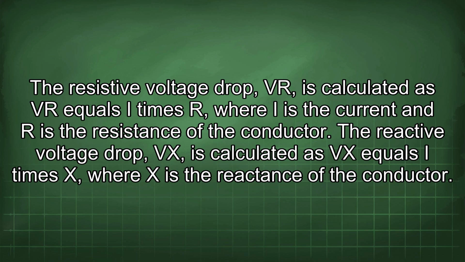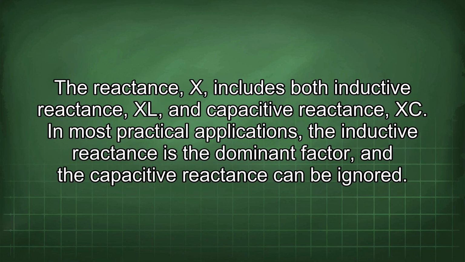The reactive voltage drop, VX, is calculated as VX equals I times X, where X is the reactance of the conductor. The reactance, X, includes both inductive reactance, XL, and capacitive reactance, XC. In most practical applications, the inductive reactance is the dominant factor, and the capacitive reactance can be ignored.